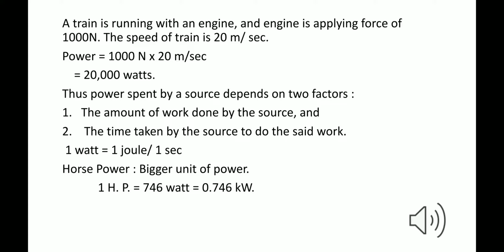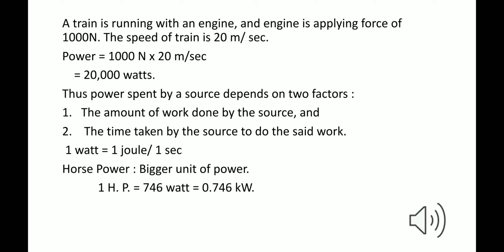This is a normal unit of power which we usually use. So when 1 joule of work is done in 1 second, then we say that the body possesses the power of 1 watt.